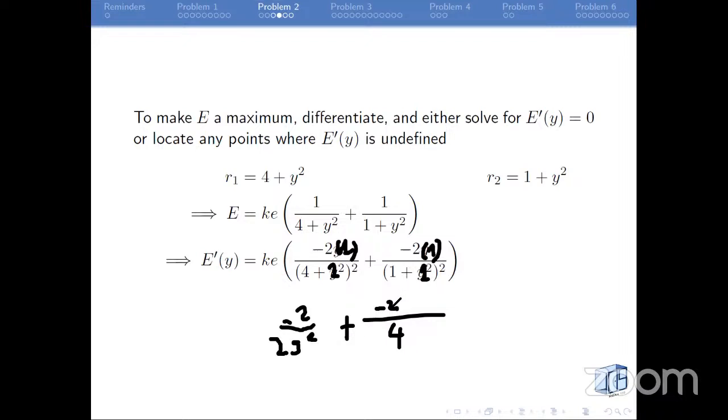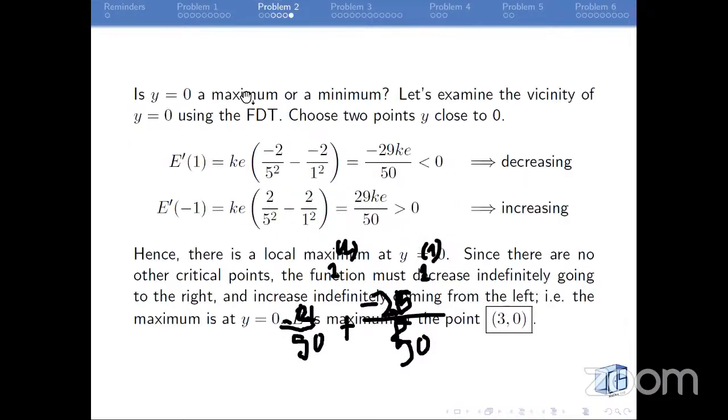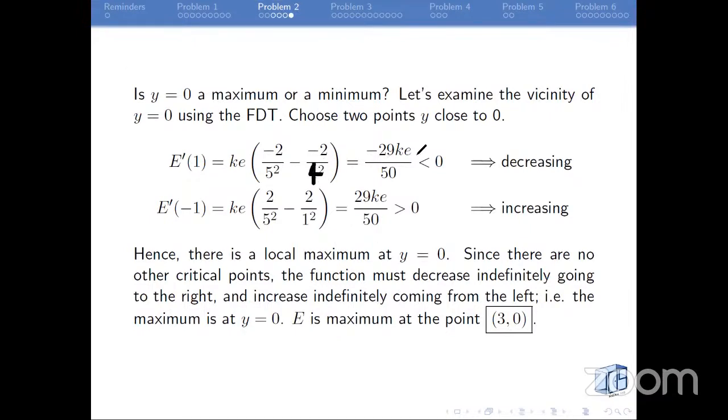So 25 over 4, which is magiging 1/2 siya. Tapos magiging negative 25 over 50, tapos ito naman magiging negative 4 over 50. So kaya siya naging negative 29 over 50. Bale, may typo error pala dito sa isang to. Dapat 4 yan. So, any other questions?